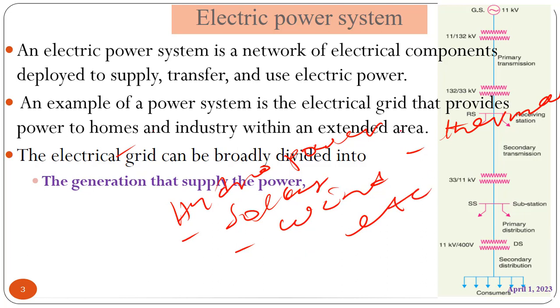We can generate electric power from those: hydropower, solar, wind, thermal, and sea.